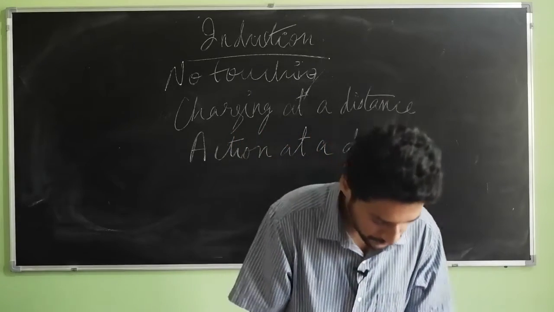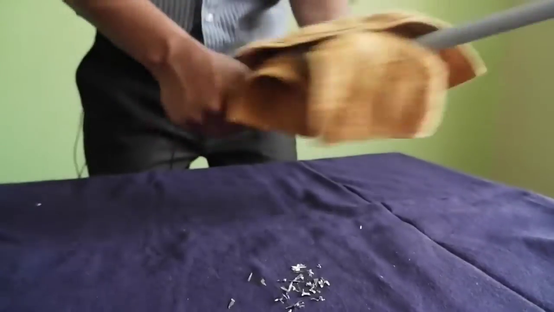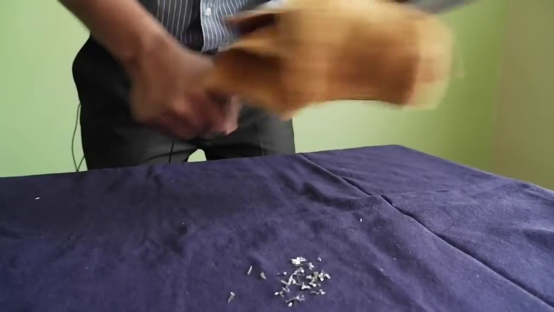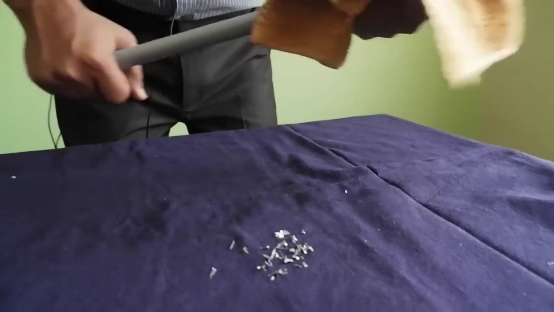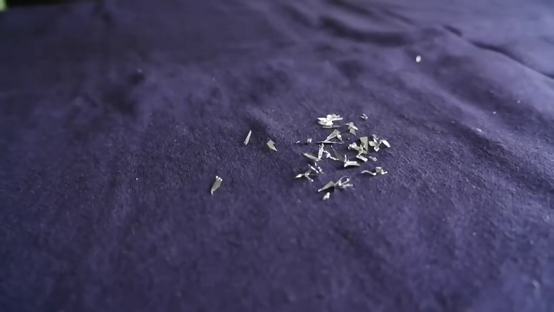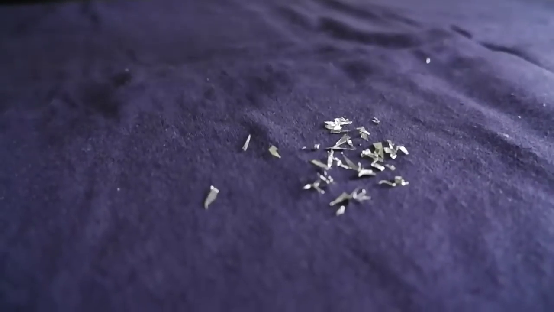Let's see it again. Since we have learned about induction a bit, let me explain how induction actually works. The magic trick that we saw before was done in Queen Elizabeth's court. At that time it was sheer magic, but now we know how it happened. Science has revealed the secret for us. Let's see how it happened.